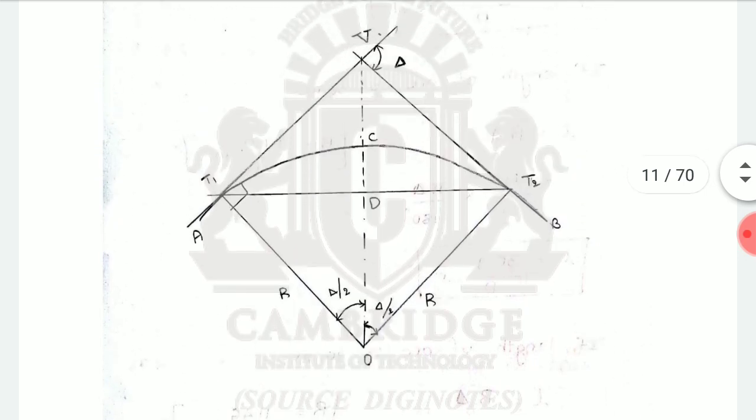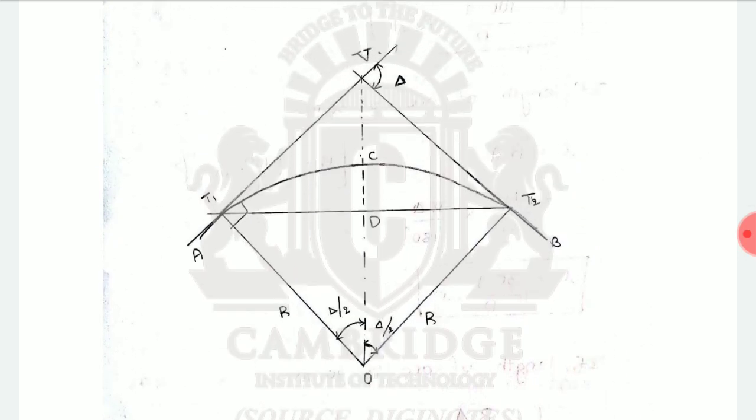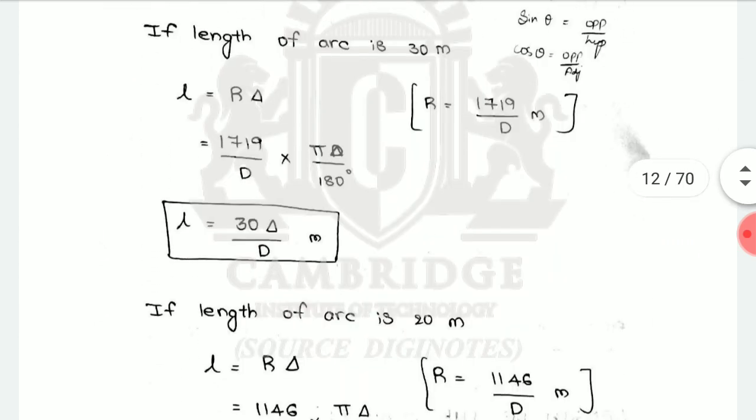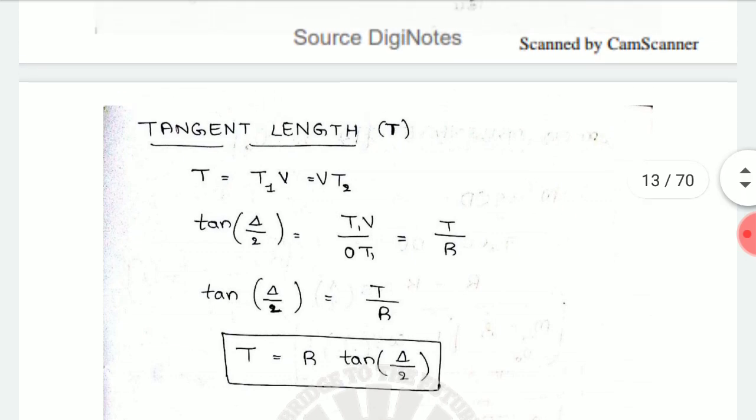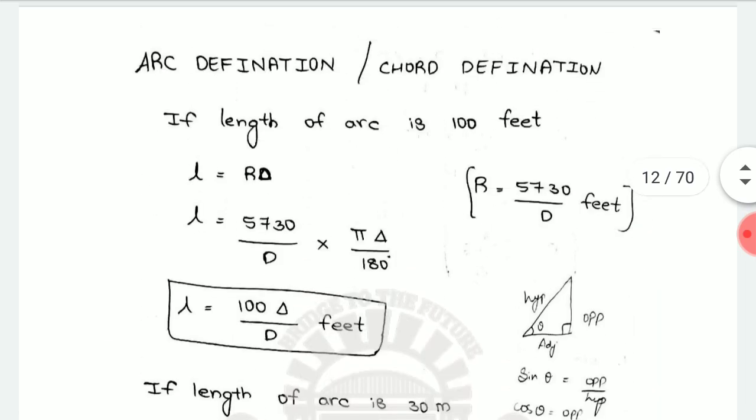To derive that equation, I will consider the triangle OT1V. So I can write here, T is T1V or VT2. From triangle OT1V, tan delta by 2, I can write it as opposite by adjacent, that is T1V by OT1. Check the figure.